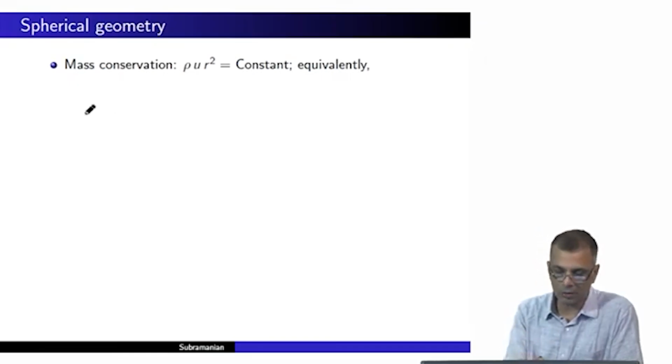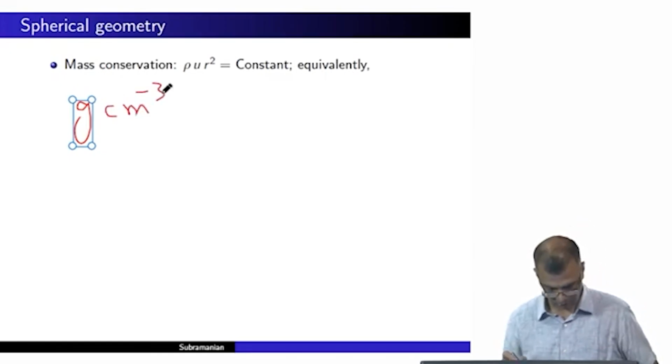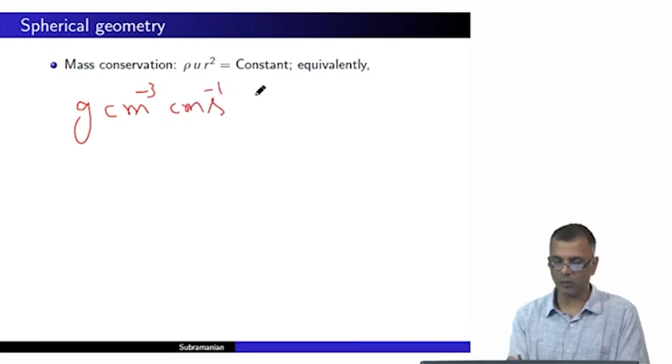Right? So the rho is in grams per centimeter cubed, isn't it? So that's what the rho was, right? The u is a velocity, so you have centimeter per second, and r squared is essentially centimeter squared.